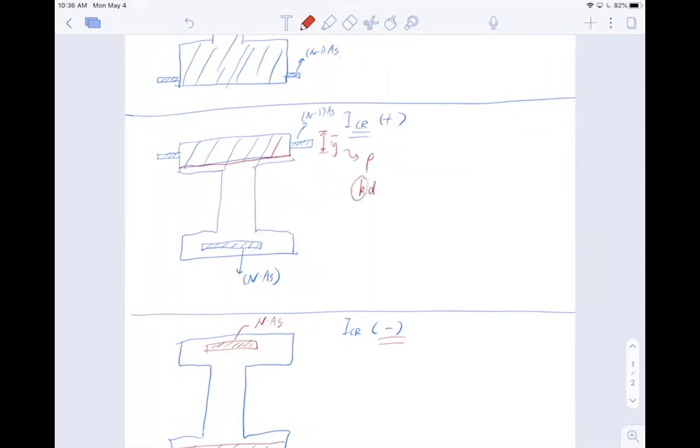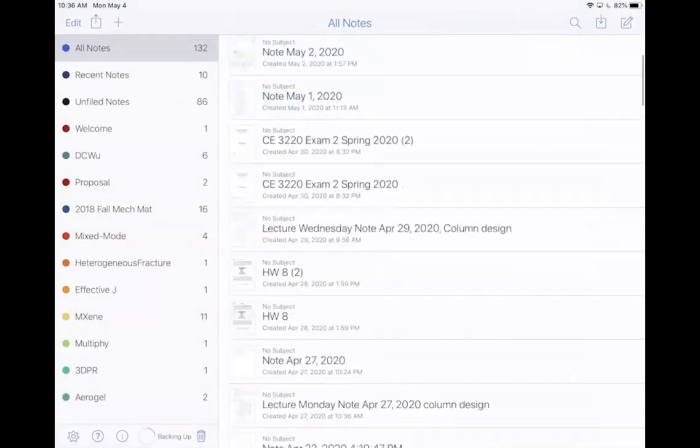Remember K? From several lectures back, when we talked about transformed moment of inertia, serviceability, does that ring a bell? Cracked moment of inertia. Let me see if I can find it.